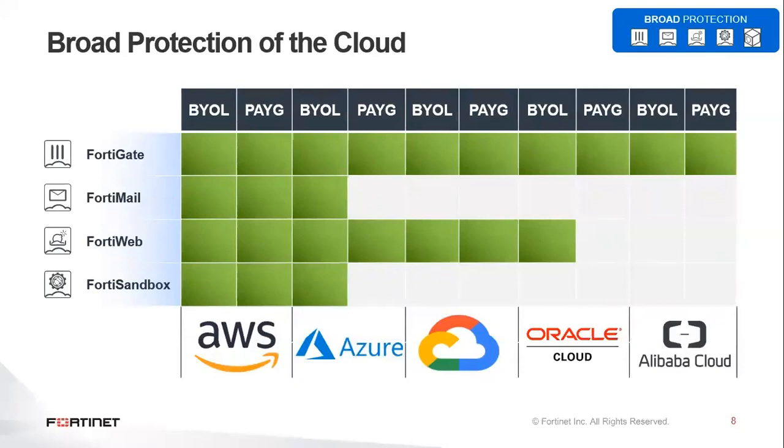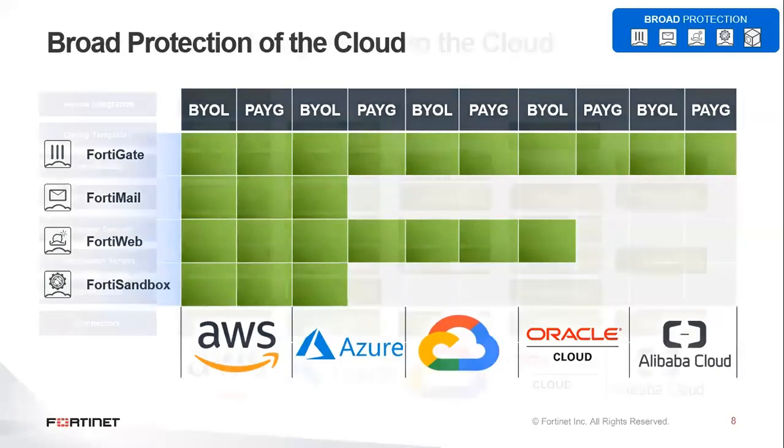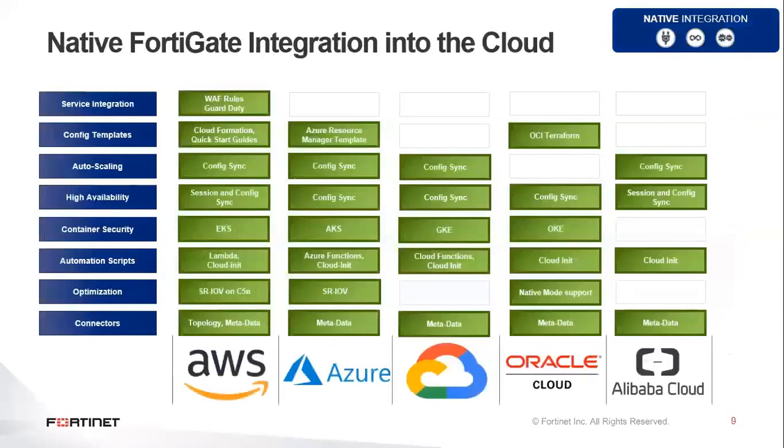So is for Google Cloud, Oracle, and lastly, the native FortiGate integration. So details about different integration efforts and their availability across leading clouds for FortiGate are here. You can see what kind of connectors we can use in different cloud providers for FortiGate, which is our next generation firewall.